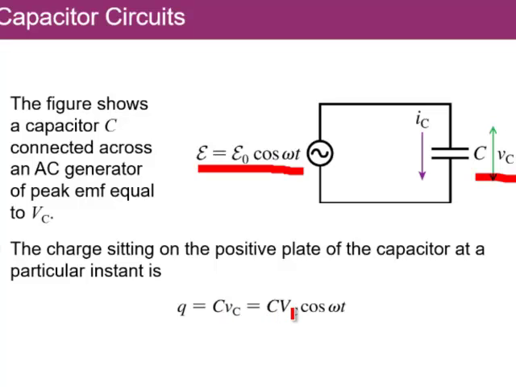And in this case, because there's nothing else connected here, the voltage across the capacitor is going to be, again, a cosine function, because remember, since the capacitor is the only thing connected to the EMF, they will have the same voltage.